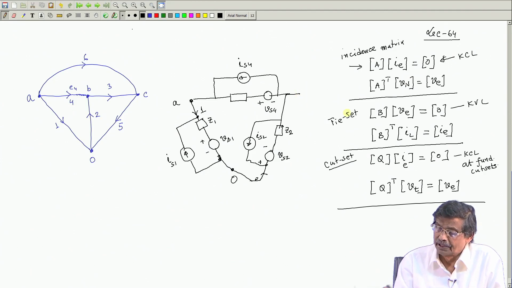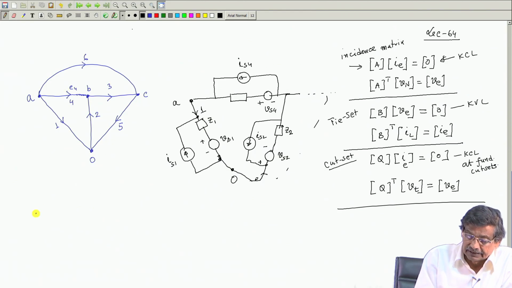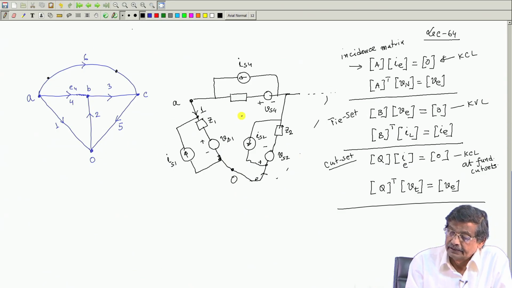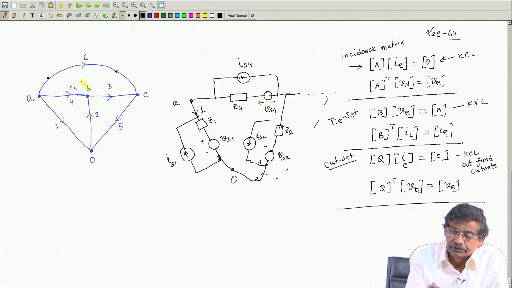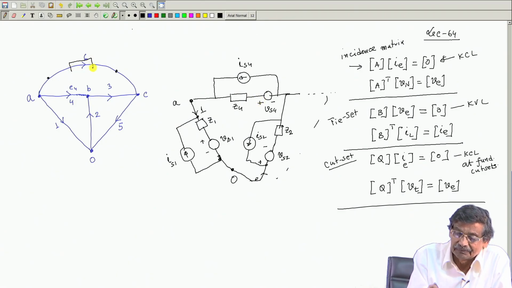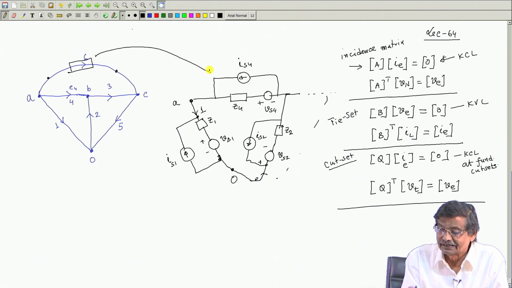Similarly, these two branches will have impedances; I am not drawing that. Got the point. Therefore, in this branch 6, between these two points, what may exist in general is a voltage source and an impedance in series with it.